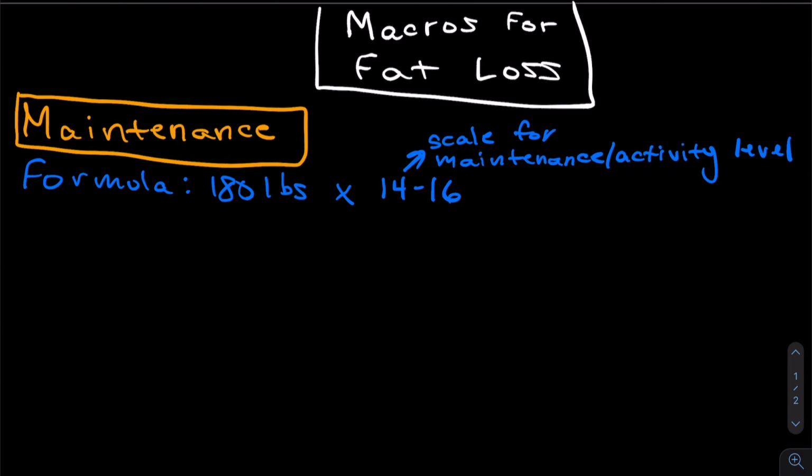So the more active you are, the closer to 16 you will be. The less active you are, the closer to 14 you will be. So it's anywhere between 14, 15, or 16 to properly get your maintenance calories. So 180 pounds for this is going to be the body weight.